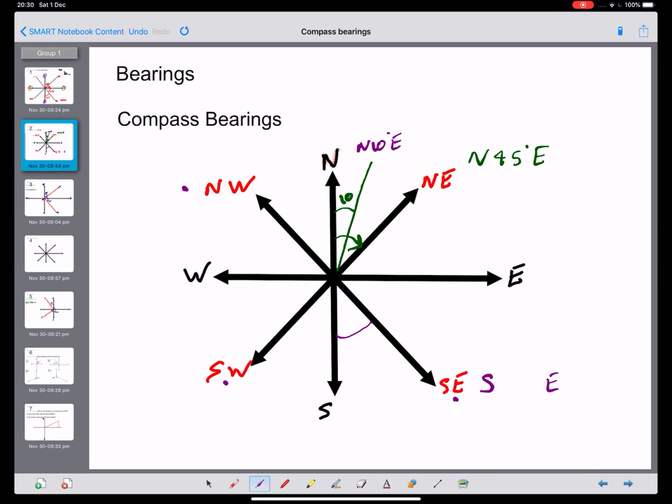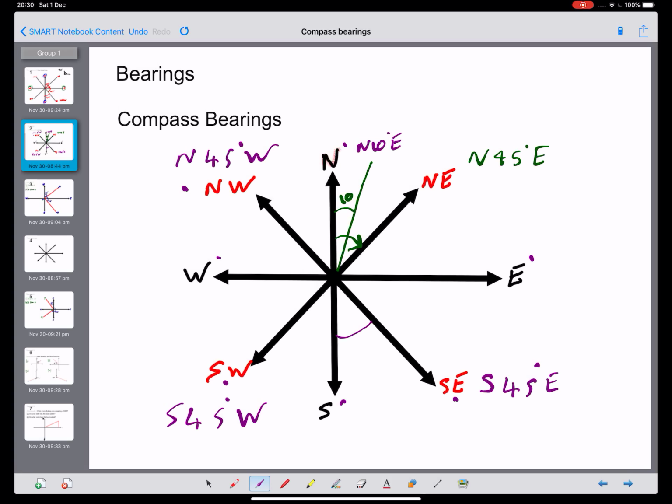So this is going to be 45. This is going to be south 45 west and north 45 west. And north, east, south, west are also compass bearings, and we don't need to insert the degrees or the second direction.